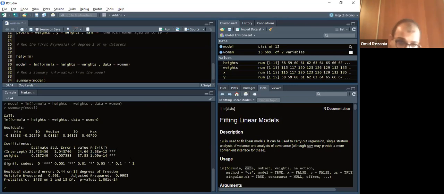But look at these stars. You see that? I have 3 stars there, and I have 3 stars here. Everyone has the same thing, huh? If you have 3 stars, it means that the number which you got for the intercept and weight is very important and very significant in constructing your model.